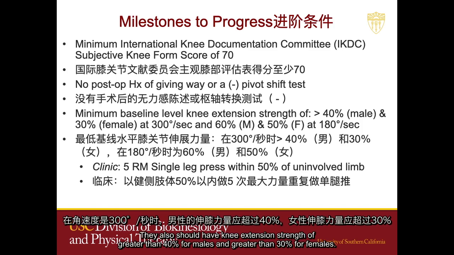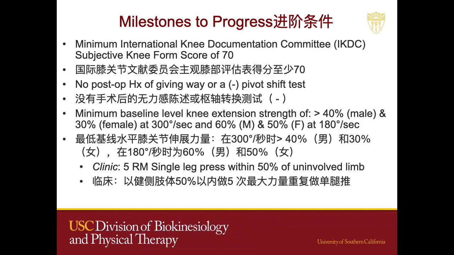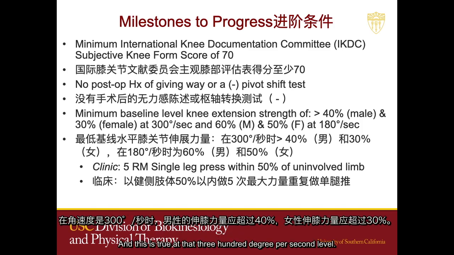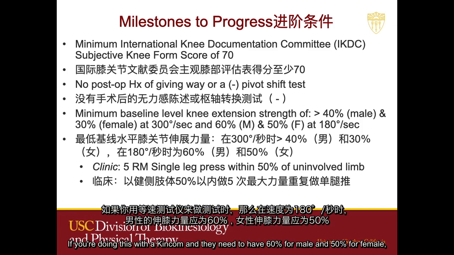They also should have knee extension strength of greater than 40% for males and greater than 30% for females. And this is true at that 300 degree per second level if you're doing this with a KINCOM. And they need to have 60% for male and 50% for female if you're doing it at 180 degree per second.